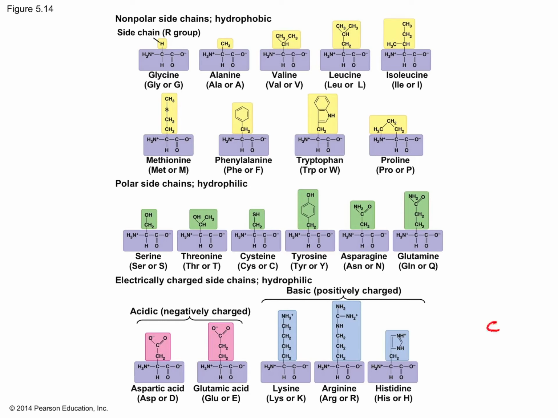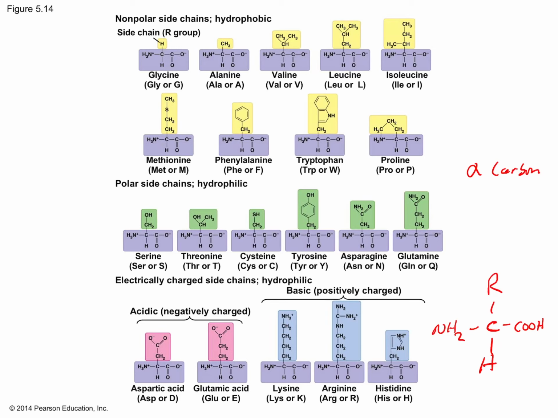What you have in the center is a central carbon called the alpha carbon. All right, write that up there. That's the alpha carbon. And then attached to that, you have a hydrogen. Then on one side, you have a carboxyl group, one of the 7 functional groups we've already talked about. On the other side, you have an amino group, NH2, also one of the 7 functional groups we talked about.